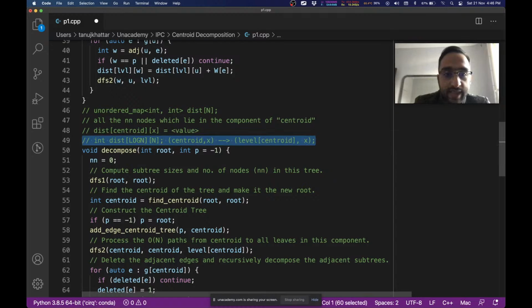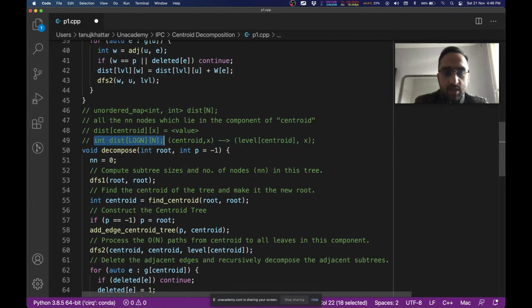This helps me maintain a single log n comma n 2D array, such that I can save the distance between a centroid and a node x as a level of centroid comma x, because the mapping between level of centroid and x is one to one.